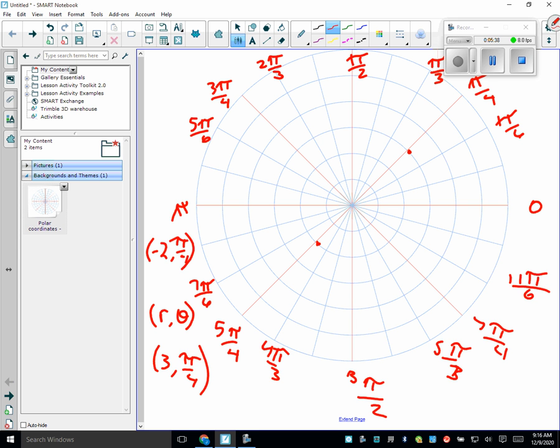Would this angle be negative 3 pi over 4? Technically, yeah. So could negative 2, 3 pi over 4 be the same thing? Yeah. So actually, I could keep going. I know. You're thinking, wow. Those points, we just name them this way and they're good. Does that make sense to you? Yeah.